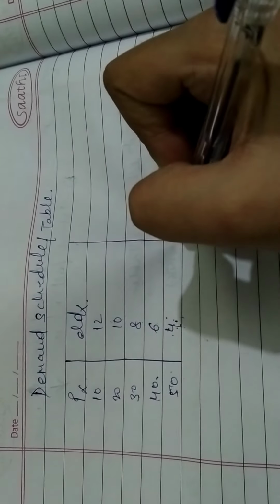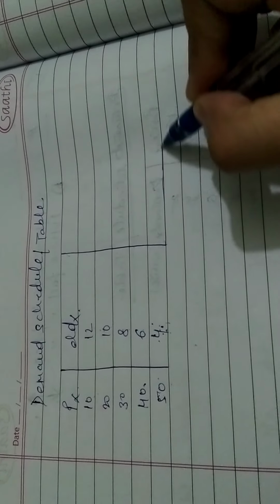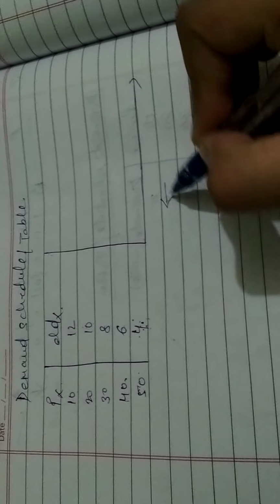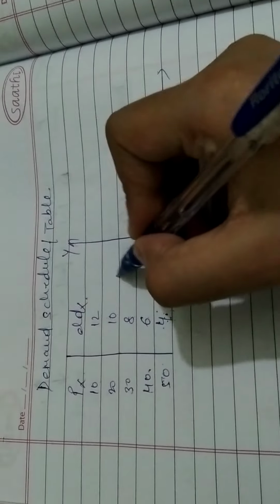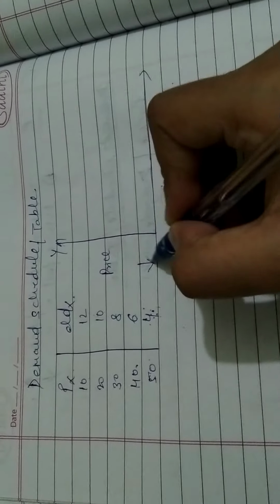Now if we plot this table on a graph paper like this, on x-axis we can take quantity demanded and on y-axis we take price.